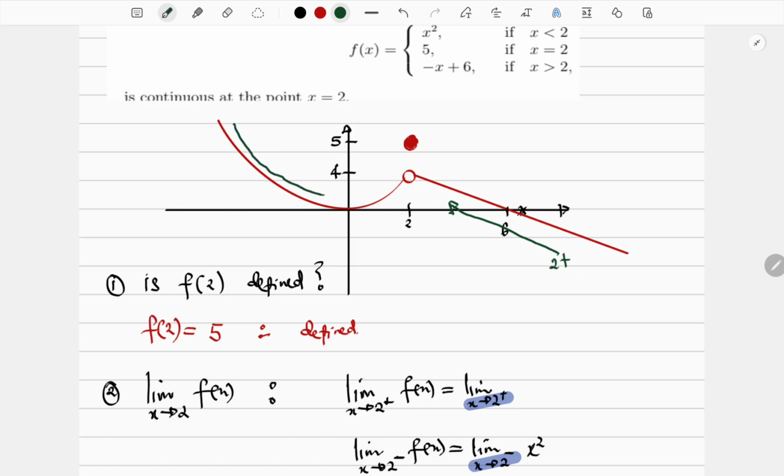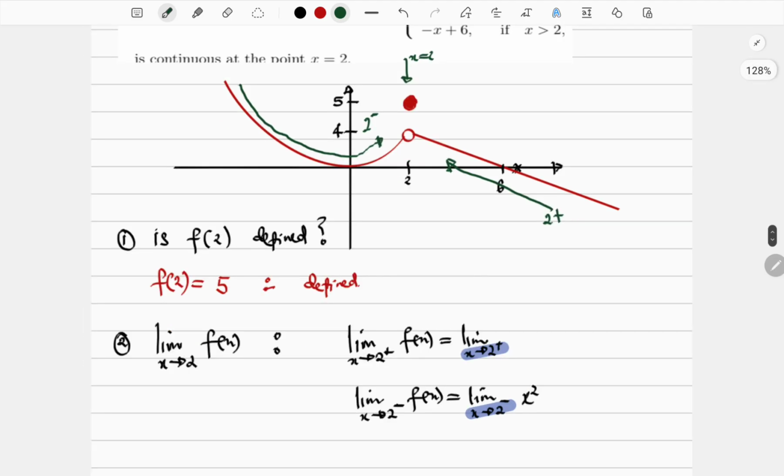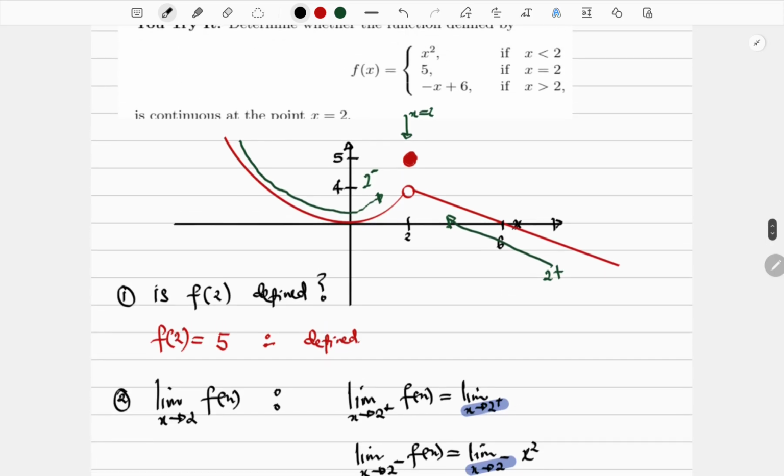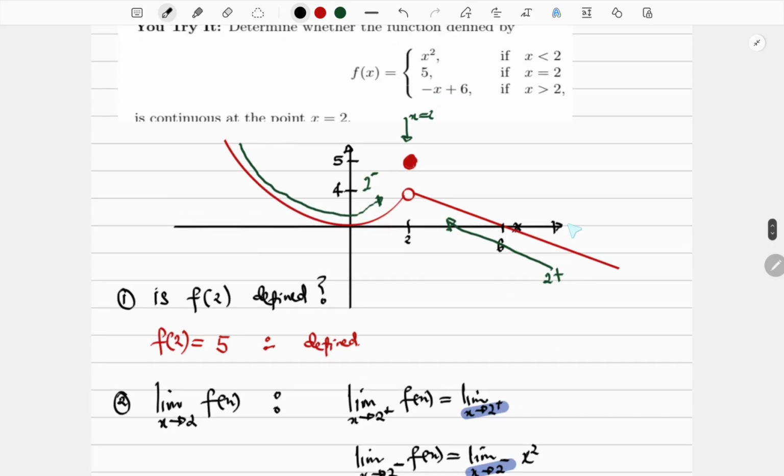Here we are approaching 2 from the negative, right? And there is at x is equal to 2. You get it? So whenever you are approaching 2 from the negative, we take the function which f of x will be assuming in that direction. So here we have 2 from the negative, 2 from the positive. From the positive, it will be assuming minus x plus 6.